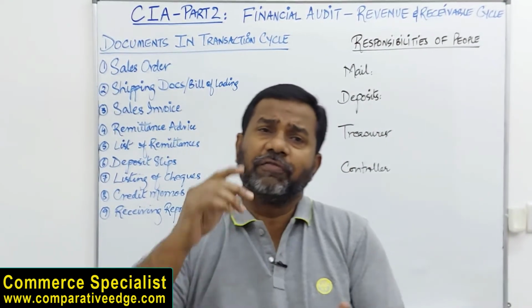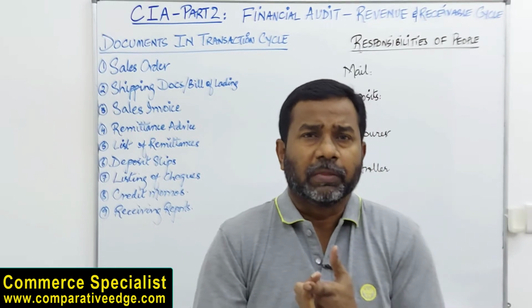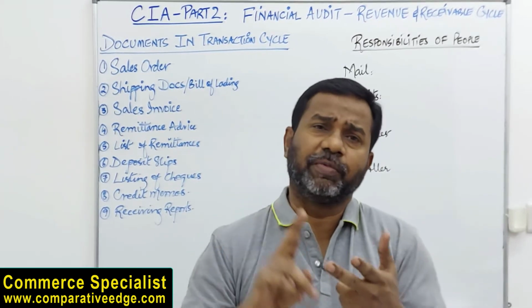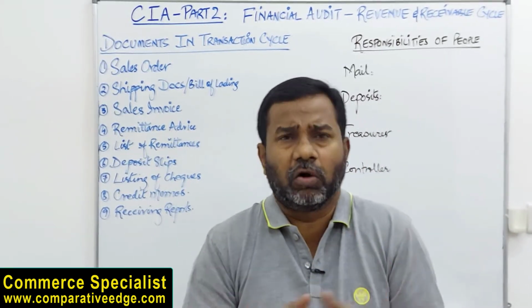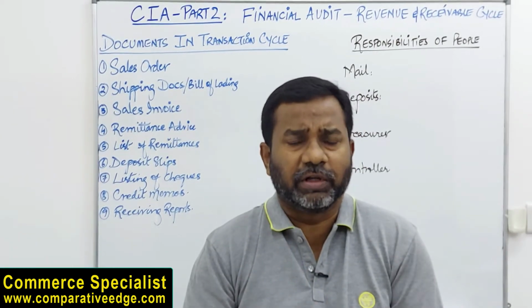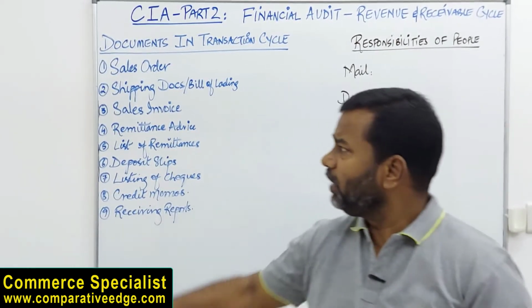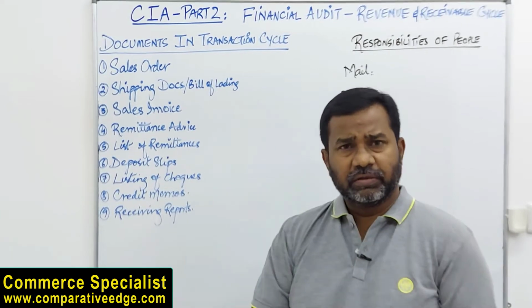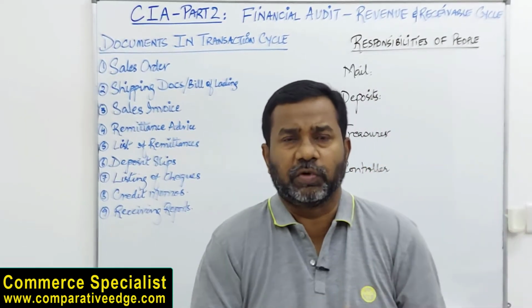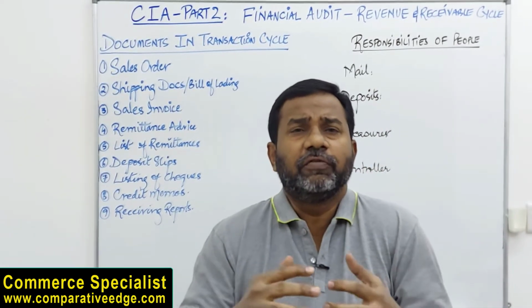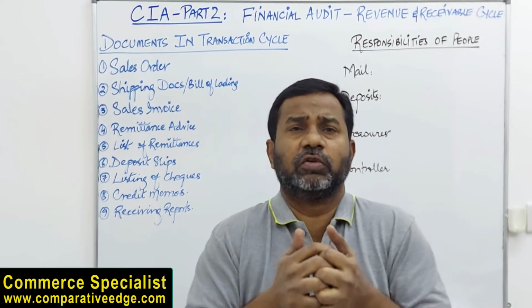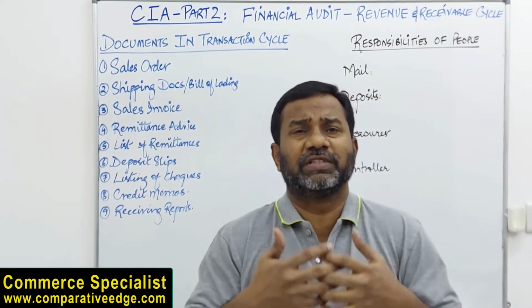All right, if we have the sales order and we have the shipping document, including the bill of lading or courier's documentation, that's okay. The next thing we are looking at is the sales invoice. If the sales order was received from the customer and the goods were dispatched, did we create a sales invoice?